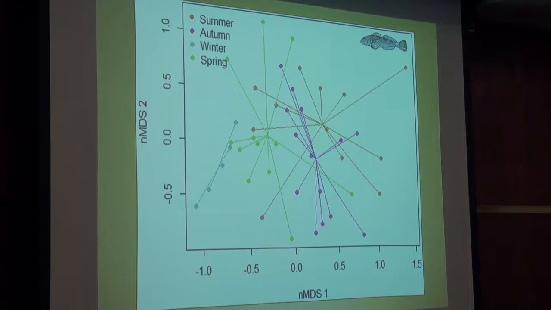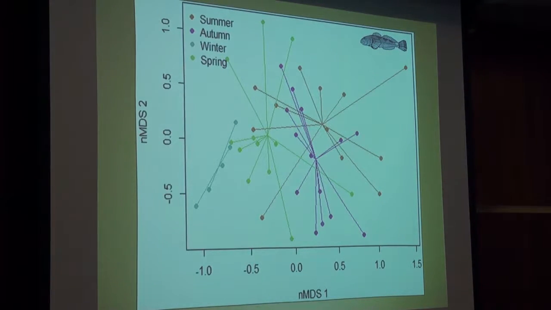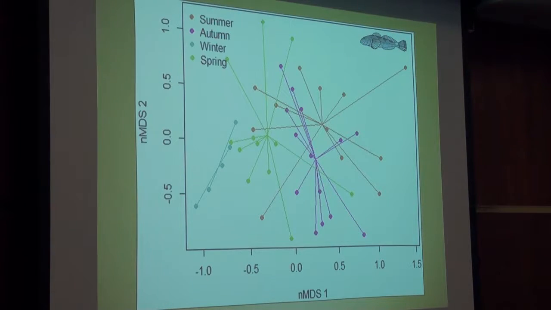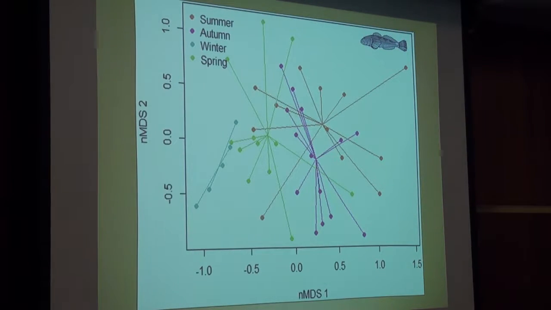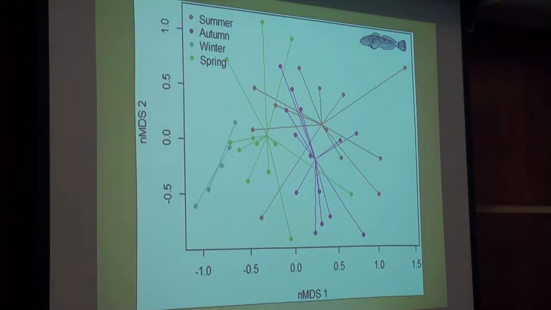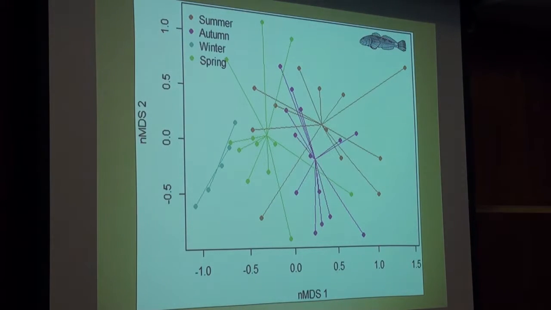Winter, which represents our least diverse, least abundant sampling events, are clumped off separate to the side, while spring and fall, our most variable sampling months, exhibit the broadest spread. And when we look at the species captured during these different seasons, we can get an idea of the seasonal fish communities in the Mad River.